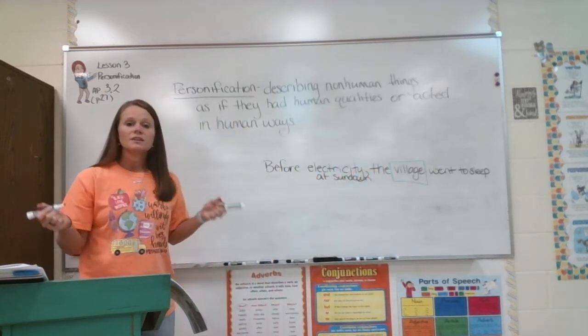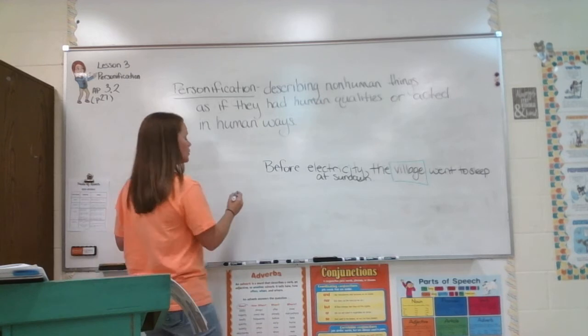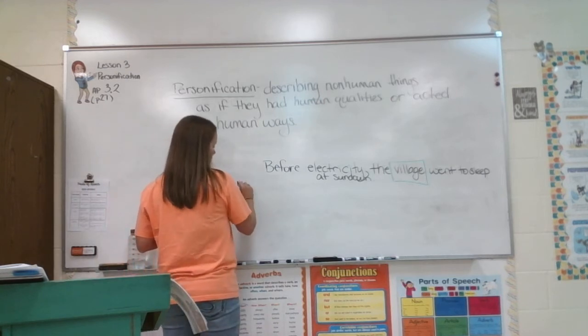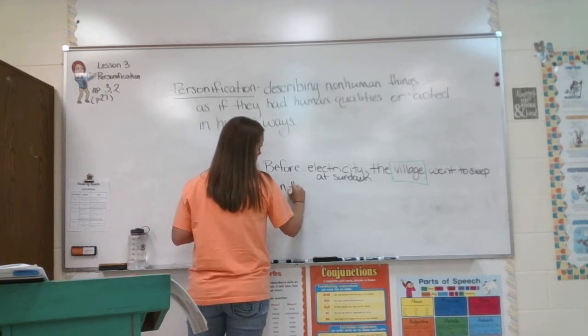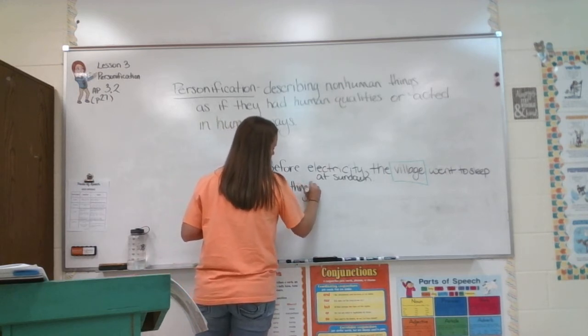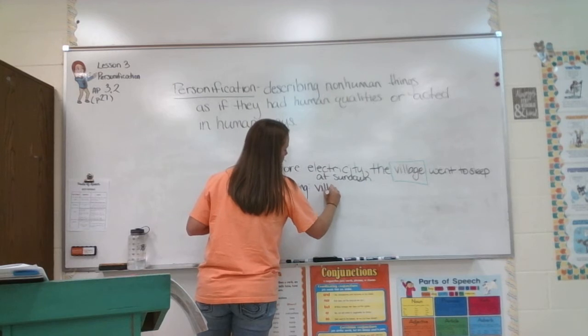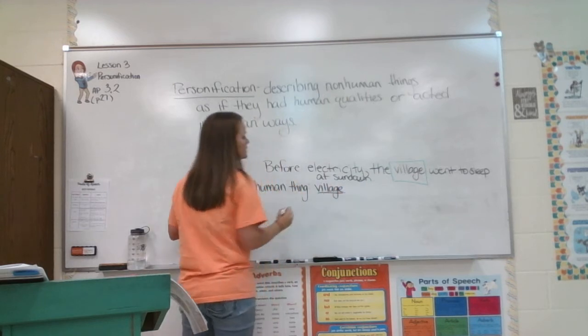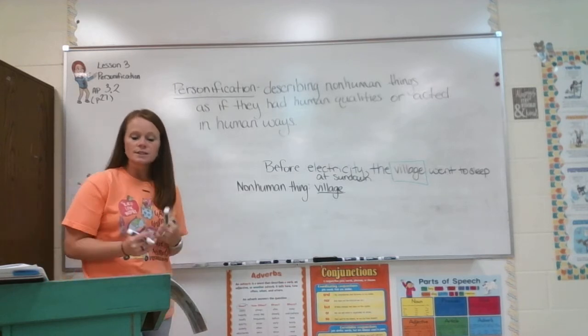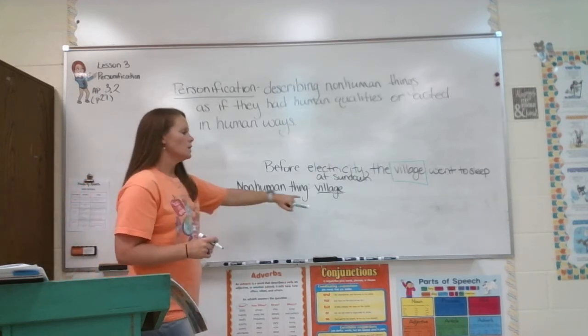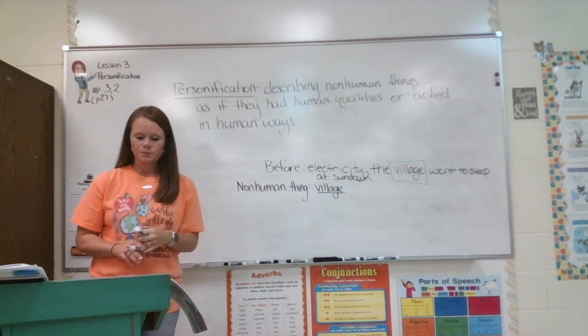That means that the village is my non-human thing. So on your blank in your book on page 27 under sentence A, for non-human thing, you can write village.